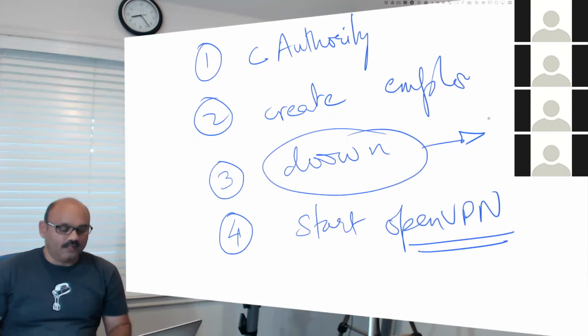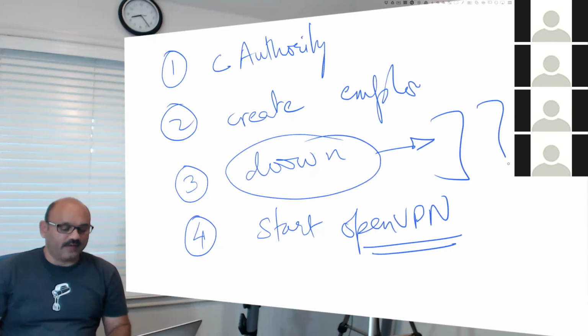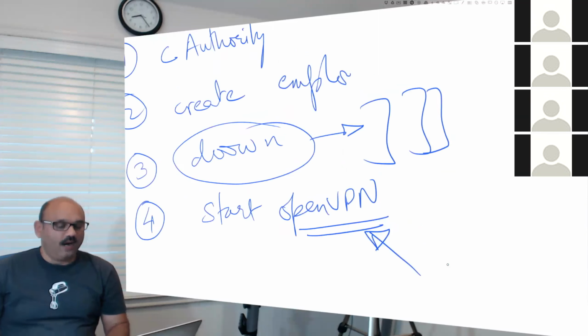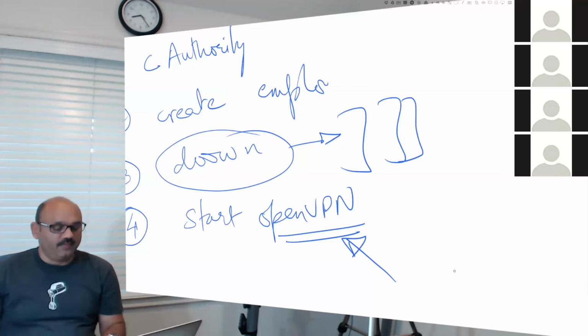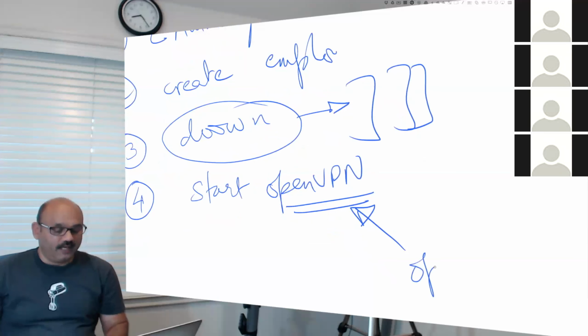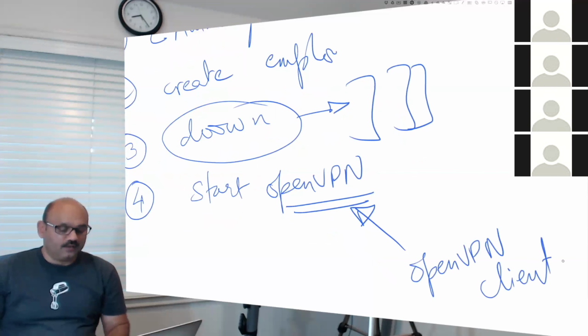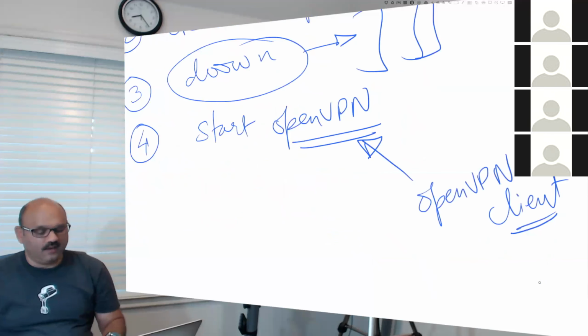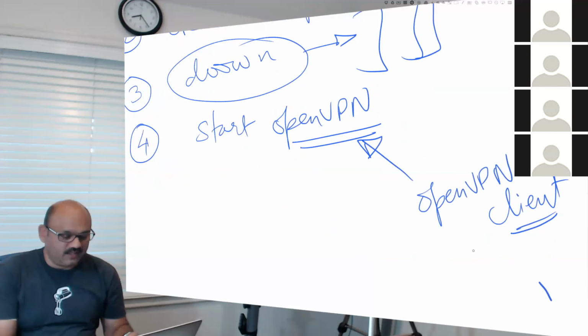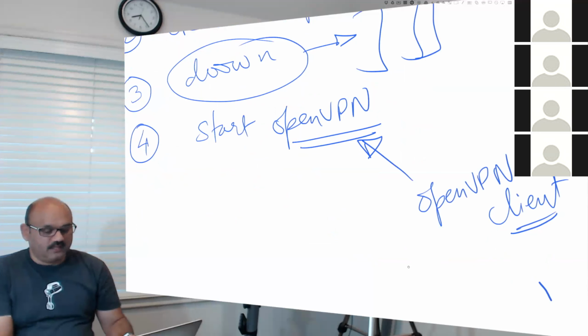And so this employee now needs to use that certificate and connect to this server. How do you connect to an OpenVPN server? You need an OpenVPN client. This OpenVPN client, or just any VPN client, does a very, very interesting thing.